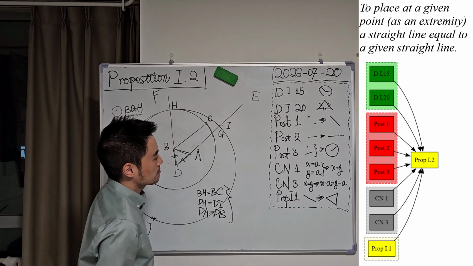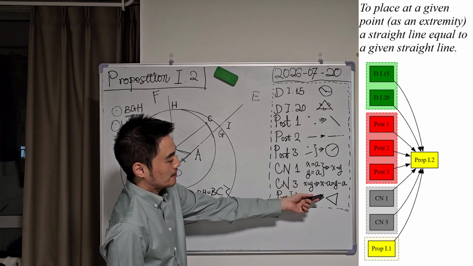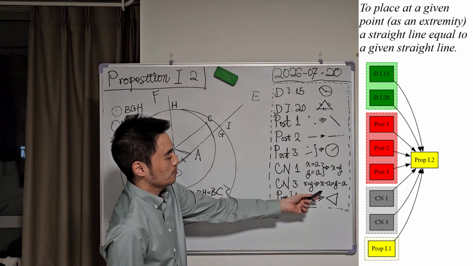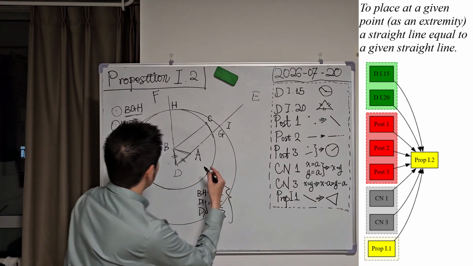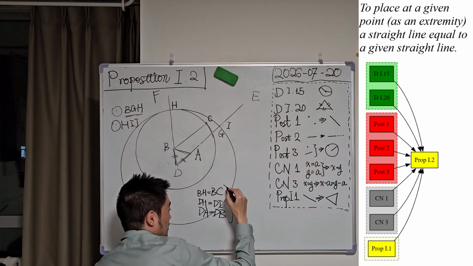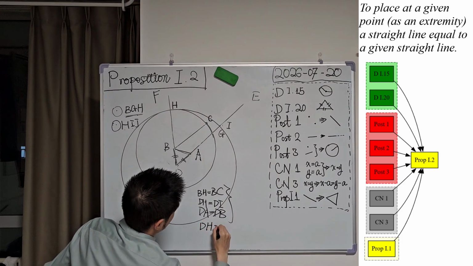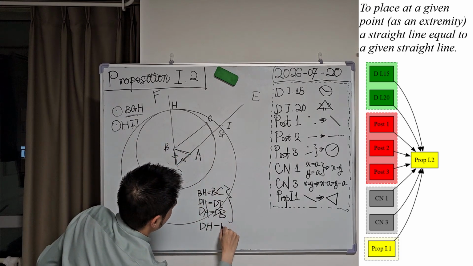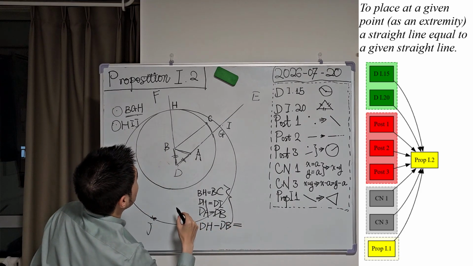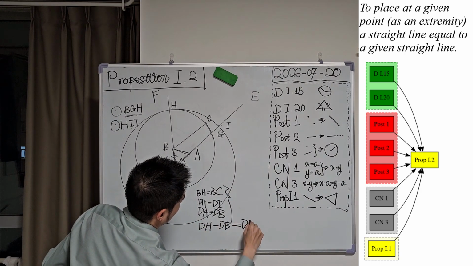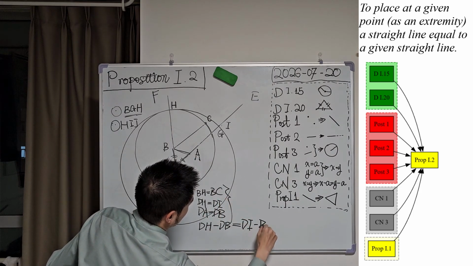And please recall common notion 3. If we subtract the same thing from two equals, the results are equal. Okay? So let's make the subtraction. DH minus DB is equal to DI minus DA.